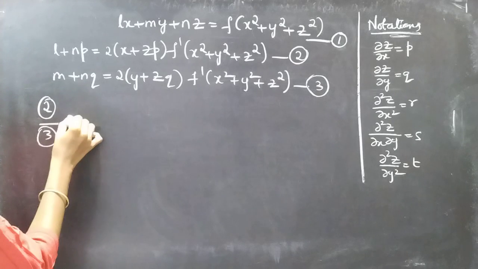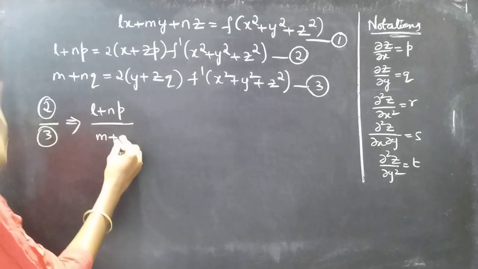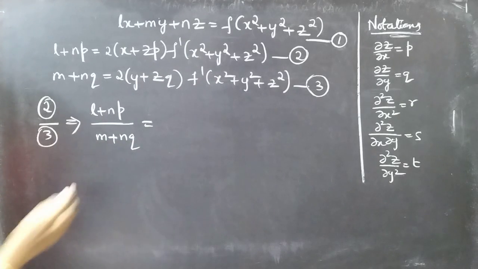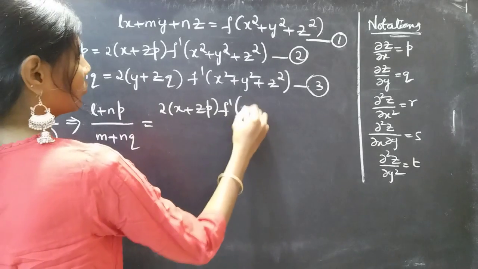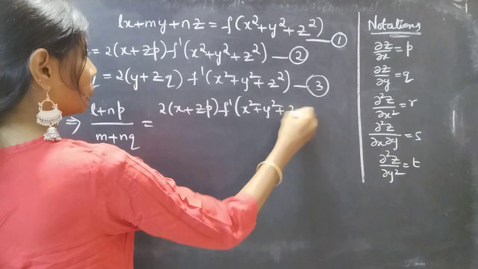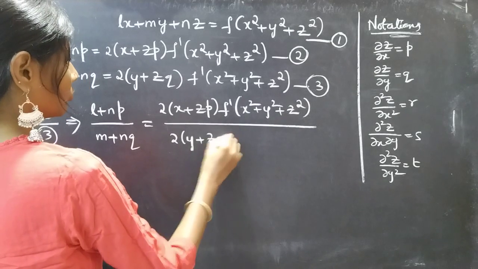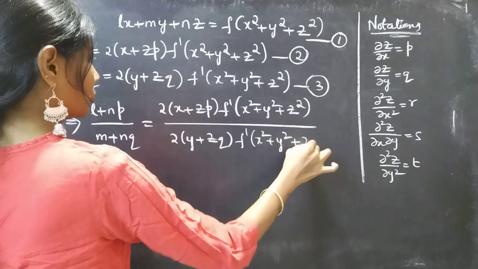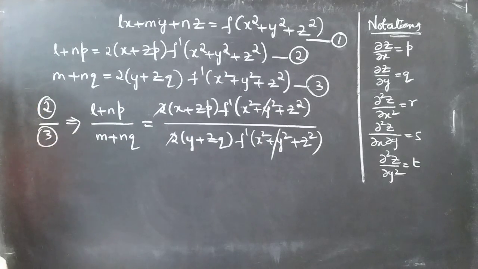By using 2 by 3, this term by this term equal to the RHS part of 2 by the RHS part of 3. Now we can cancel this 2 and f dash of x square plus y square plus z square. We'll just eliminate it, right?